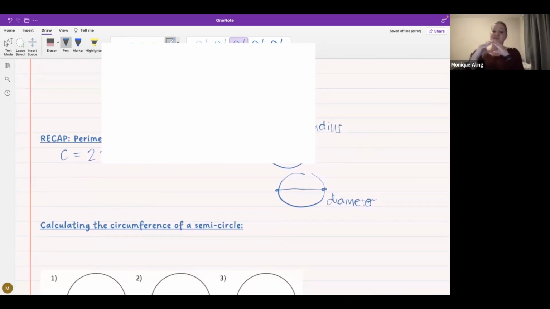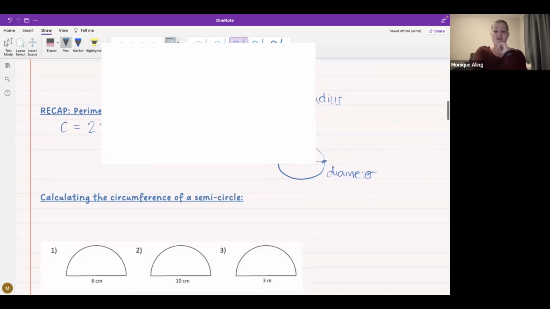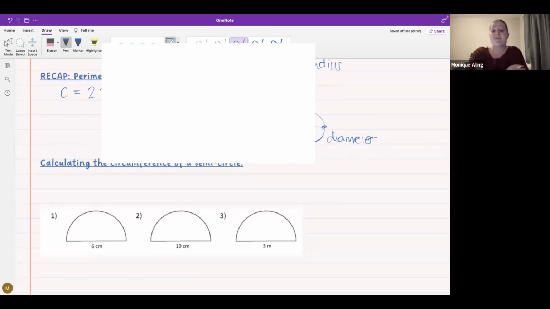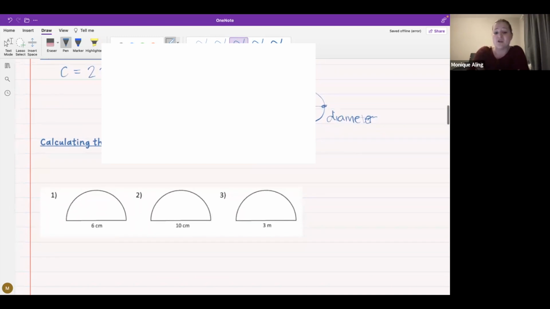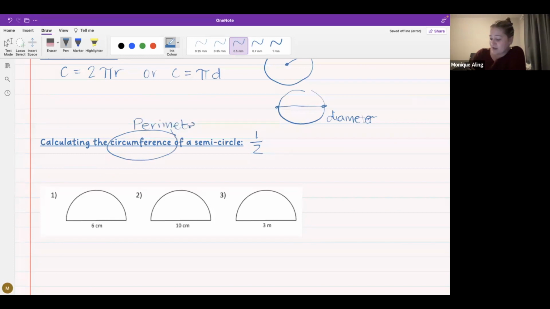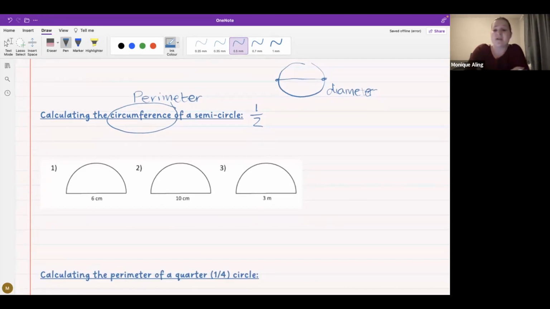So we looked at full circles last week. So now we're going to look at calculating the circumference of a semicircle. Semicircle is also known as half a circle. Remember, the word circumference just means the perimeter, but specifically for a circle. Does anyone have an idea of what we can do to work out the circumference of a semicircle?